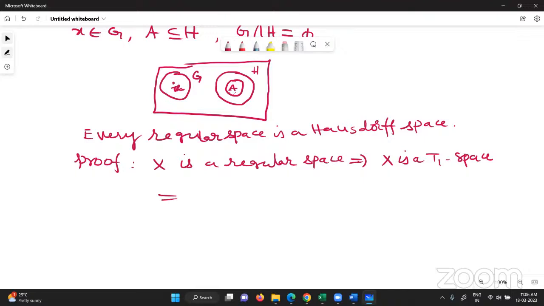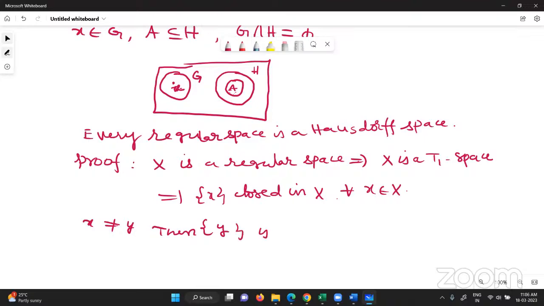Whenever X is a T1 space, we know that in a T1 space, singleton sets are closed for every x belonging to X. Now, if you take x not equal to y, then singleton y is closed and not containing x.